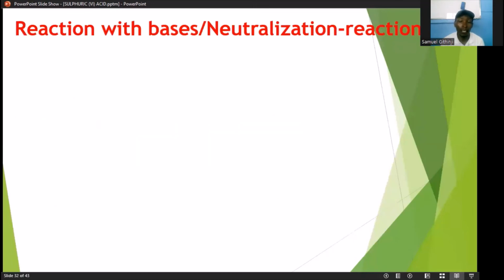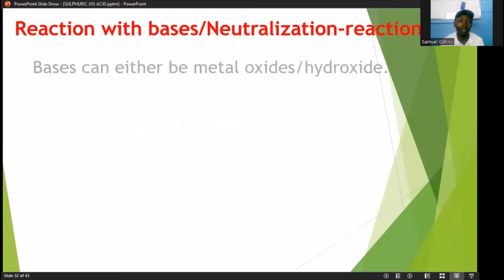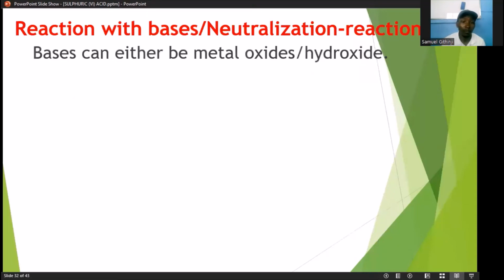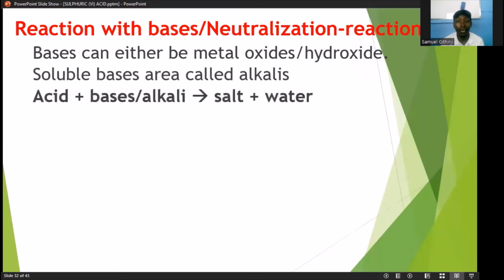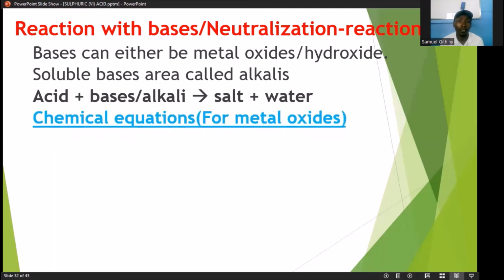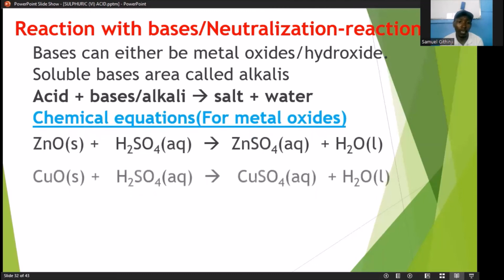If we can proceed, a chemical reaction, again, reaction with the bases. An acid reacting with a base, you get a salt and water. A base can either be a metal oxide or a hydroxide. A soluble base is basically called an alkali. We have just 3 or 4 chemical reactions there.